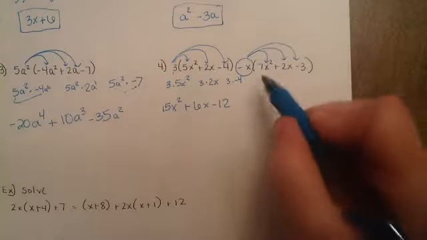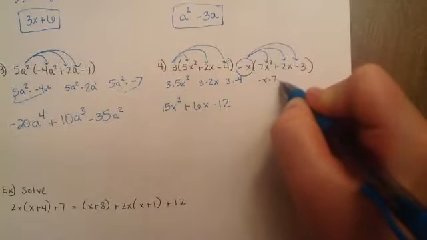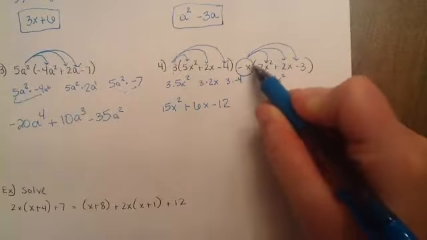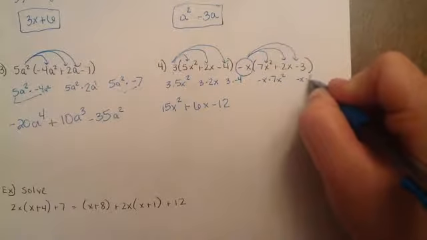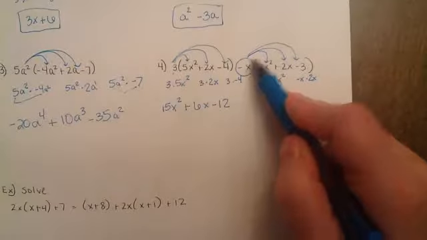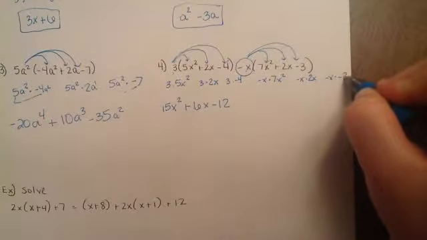Let's see how you did. Negative x times 7x squared. And what's the next one? Negative x times 2x. And our last multiplication? Negative x times negative 3.